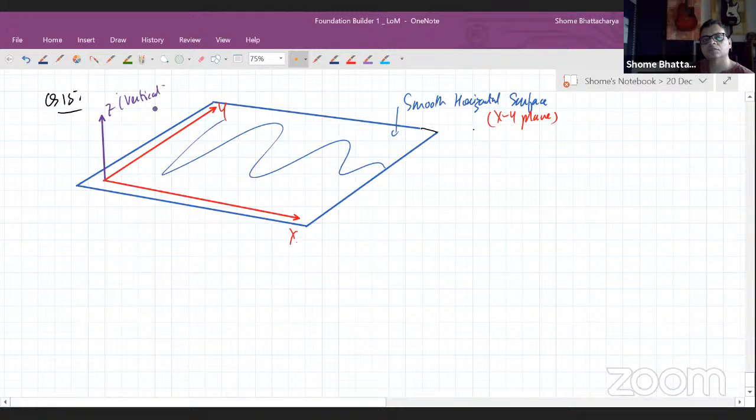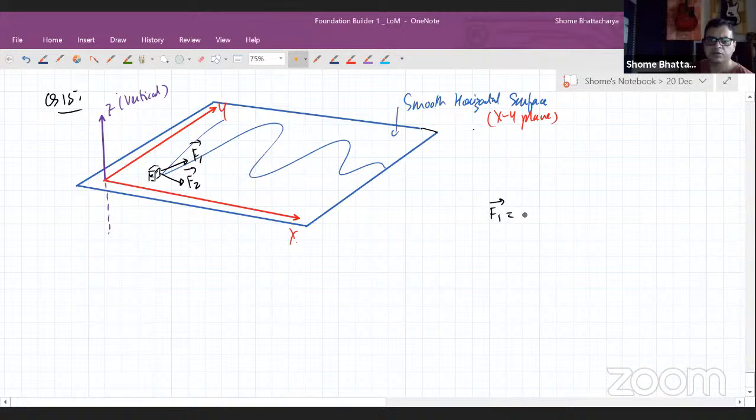This is the vertical. Now on this smooth horizontal surface, you have a block on which a combination of two forces is acting, lying in the xy plane. I may not have drawn the forces correctly, it doesn't matter, because one is having a negative x component, that's just figurative.